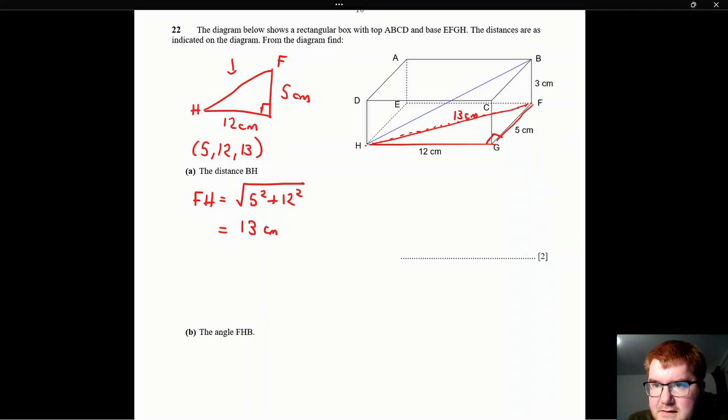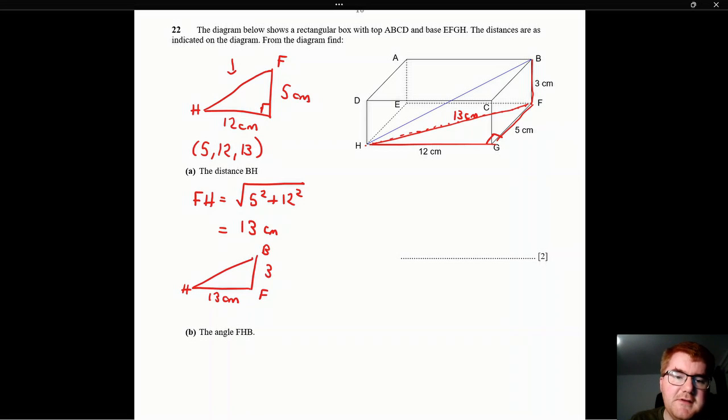Once we have this, we can make another right angle triangle with the BH. So again, if we draw this out slightly separately, we now know the base here is 13 centimeters. If I label up F, B, and H, FB is equal to 3 centimeters, and now we're looking for this side. We can do that in a very similar way to what we did before here.